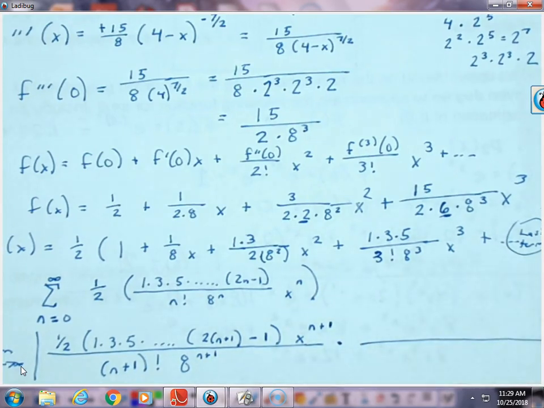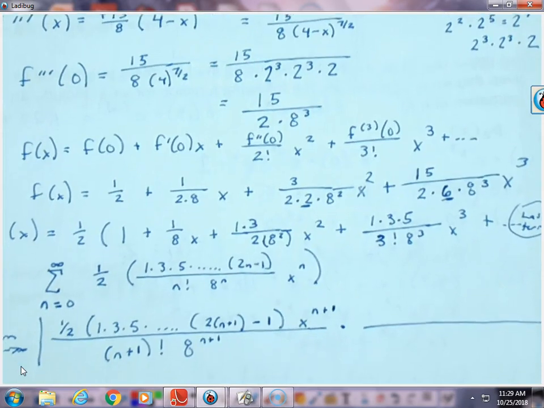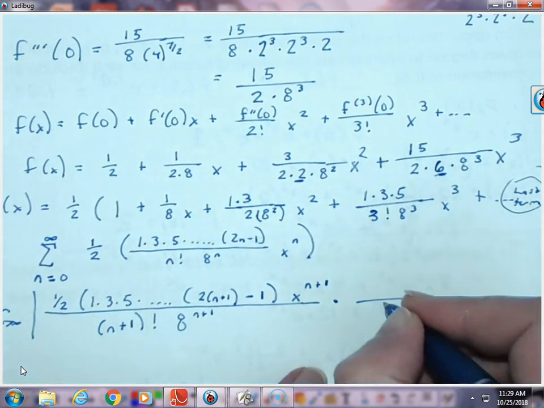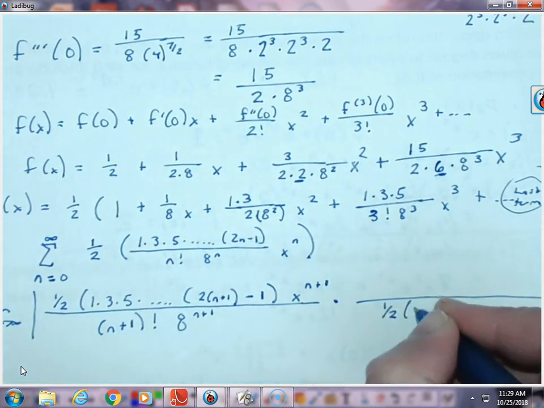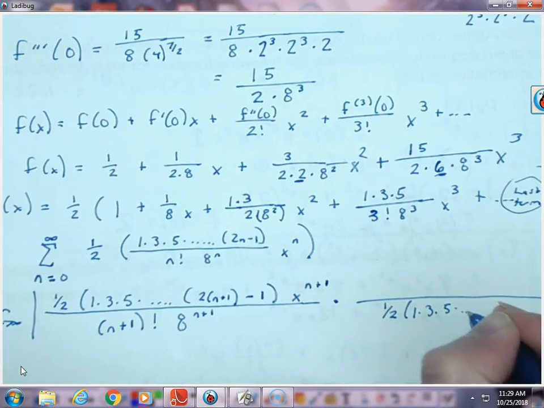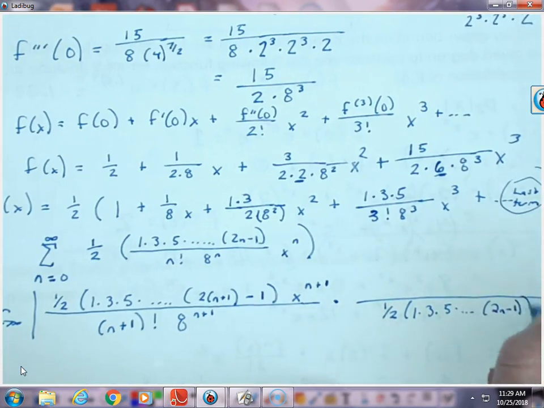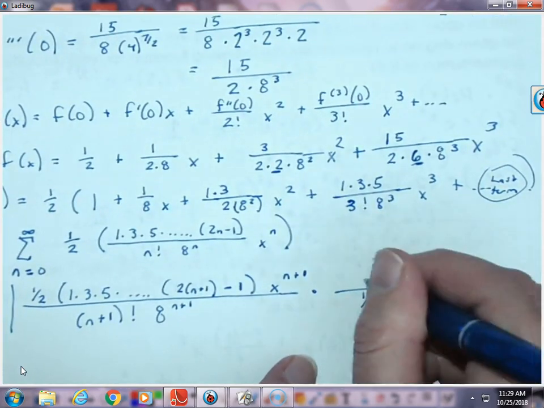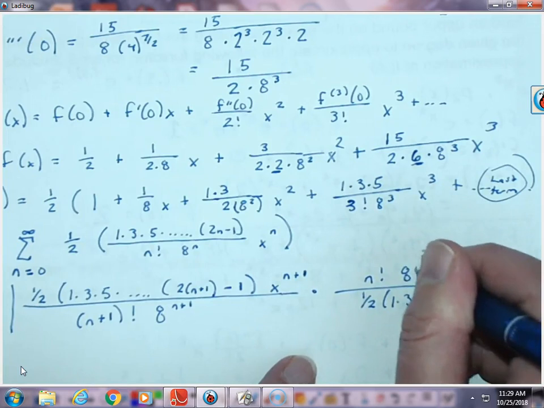Okay, so all of that is just the n plus 1 part. And then you divide by the original, or times the reciprocal. So I'm going to have the half, 1 times 3 times 5 times dot, dot, dot, 2n minus 1, and the x to the n, and the n factorial, and the 8 to the n.